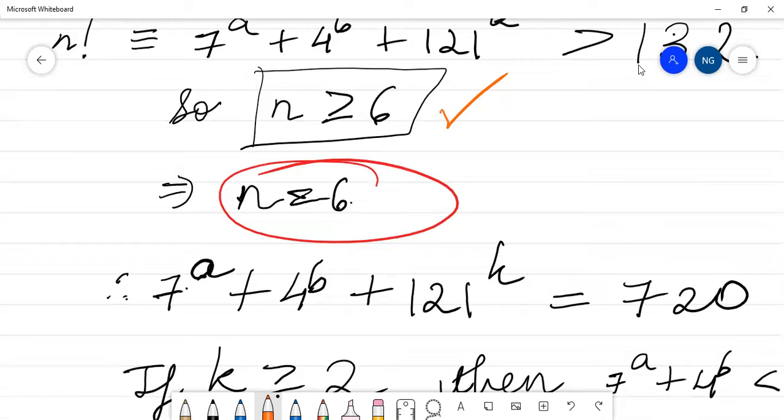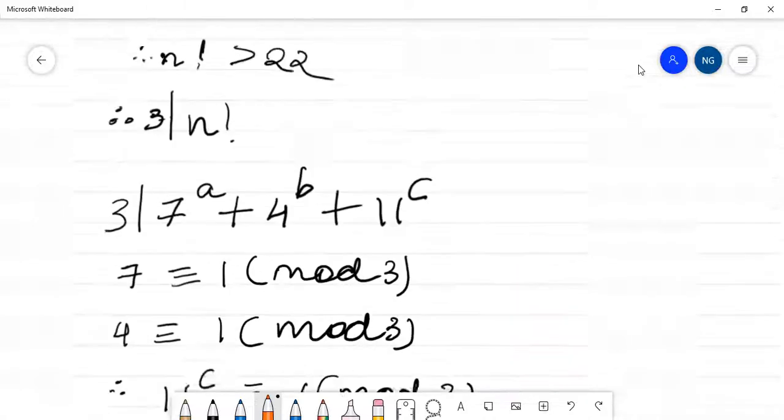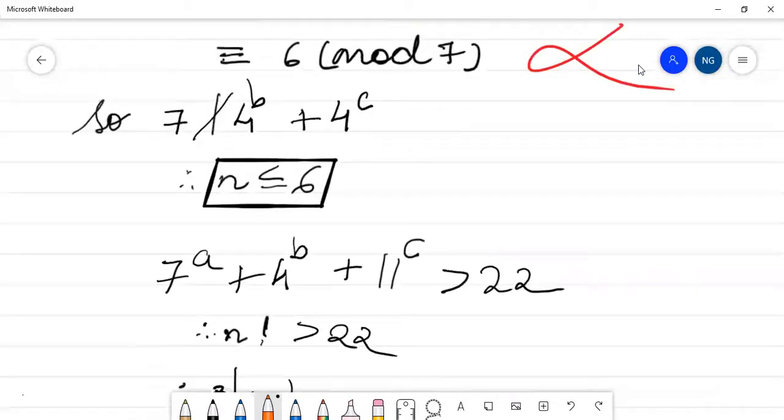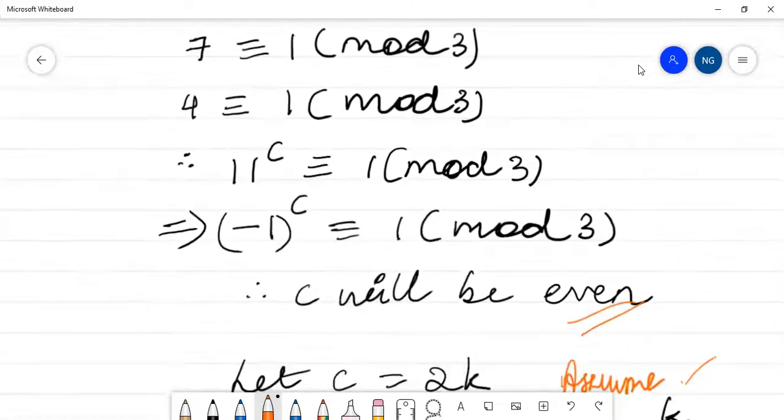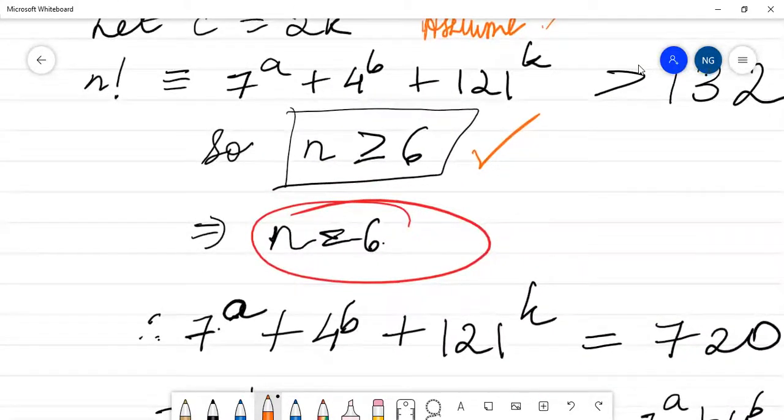But we have already computed that n is less than or equal to 6, and we have now found that n is greater than or equal to 6, which means that n has to be equal to 6.